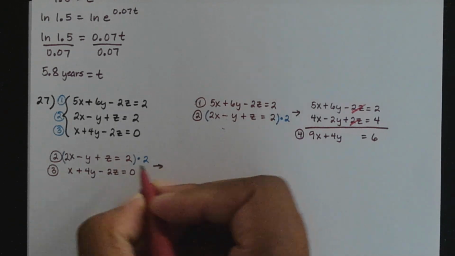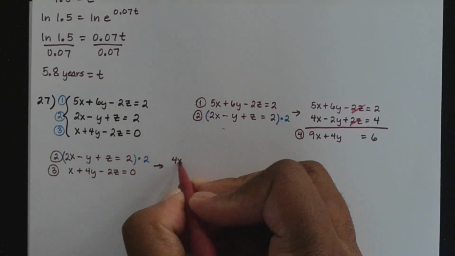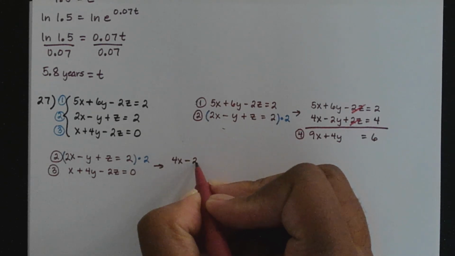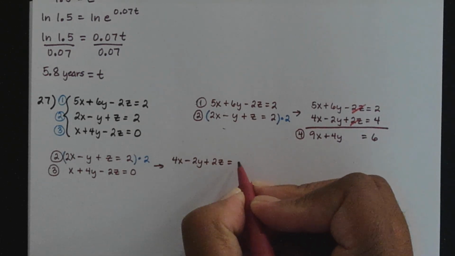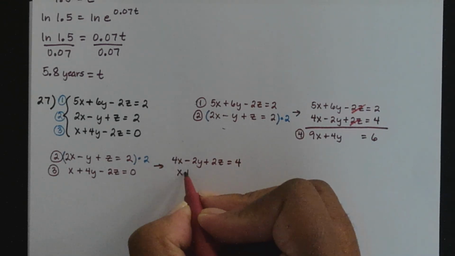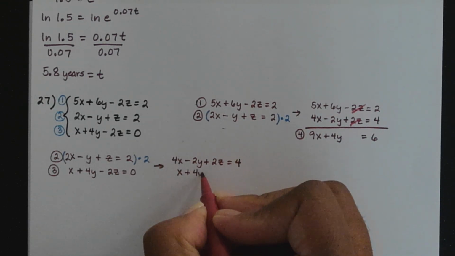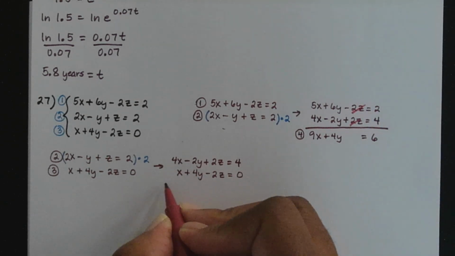And when I do that, that second equation will be this. 2 times 2x, that's 4x, minus 2 times y, that's 2y, plus 2 times z, that's 2z, equals 2 times 2, which is 4. Then I'll rewrite equation 3, x plus 4y minus 2z equals 0.